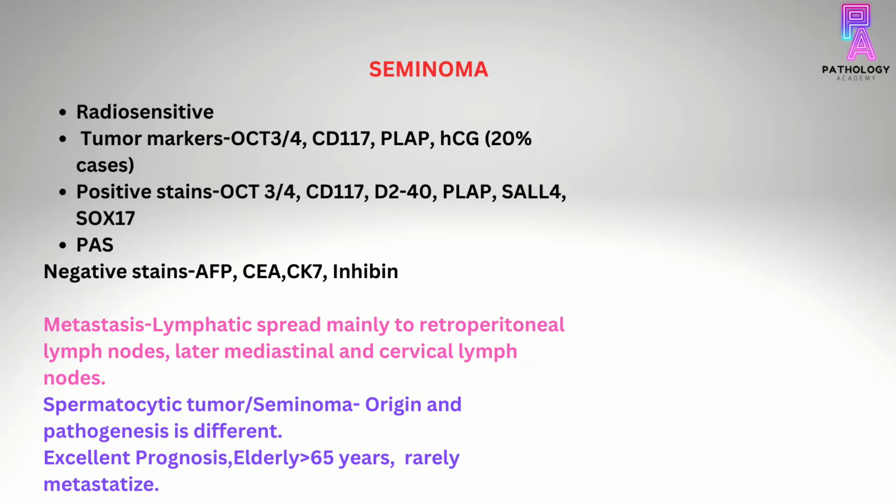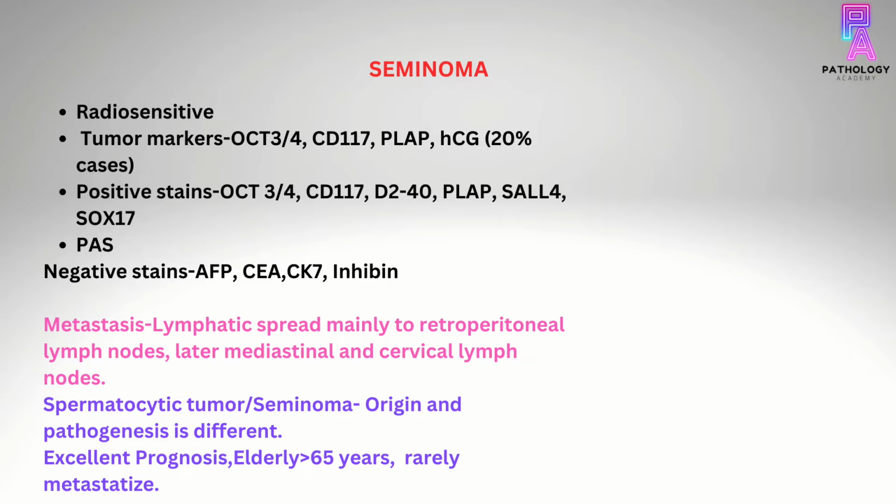The positive tumor markers are OCT3-4, CD117 or c-KIT, placental alkaline phosphatase, and in 20% of cases, HCG is also showing positivity in these tumors. These tumors usually spread via lymphatic spread and they go to retroperitoneal lymph nodes initially and later mediastinal and cervical lymph nodes.